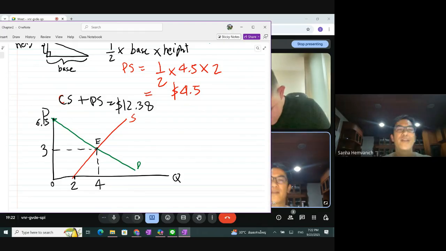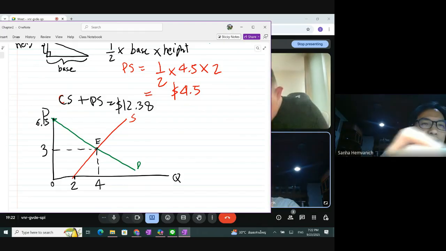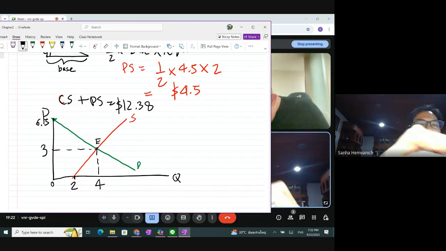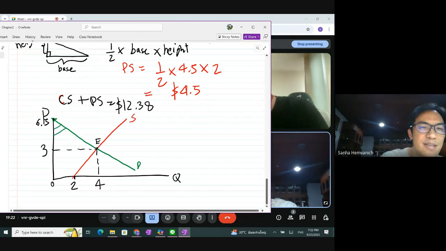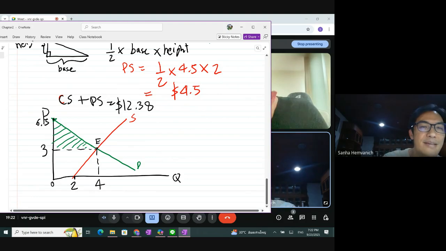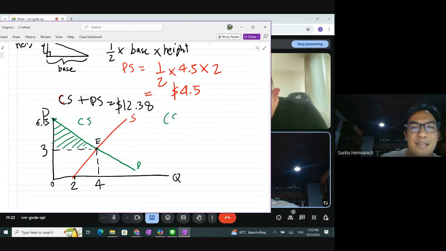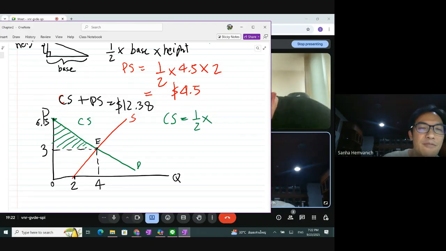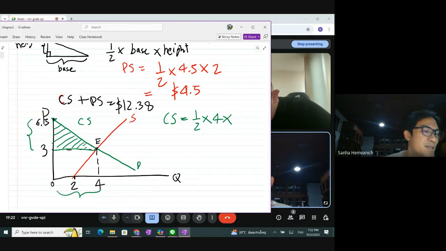Now for the CS, you have a triangle, same as before. So CS is again 1/2 multiplied by the base. The base is from here to here, which is 4, and the height is the difference between 6.5 and 3.